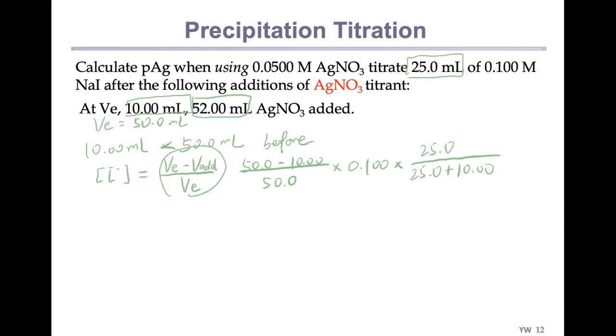Okay, so this is the original concentration. This is the V add, V0. So these two together is the final volume.